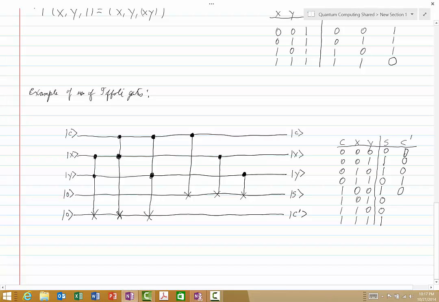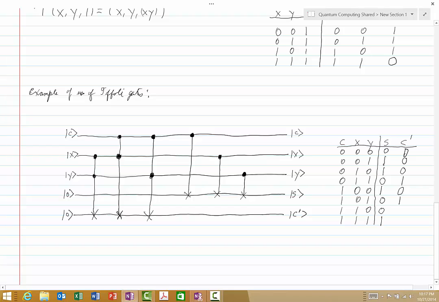Here, in this case, 2 of them are equal to 1, so we do have here C and Y. They're both equal to 1, so this one will cause an inversion, but since X is equal to 0, this one will not cause an inversion, and this one will not cause an inversion. So we have just one inversion occurring, and so 0 becomes 1, and C prime will be 1 in this case.